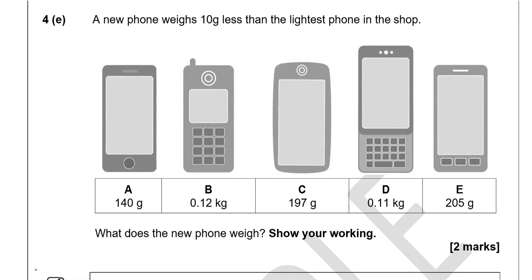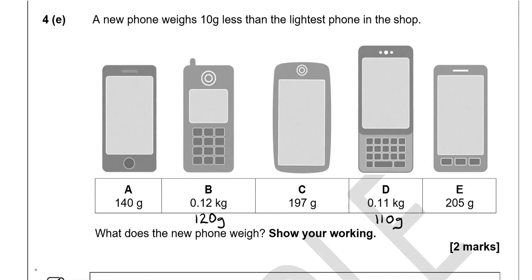So 0.12 kilograms is equal to 120 grams. And you can work it out by multiplying this by 1000 because there are 1000 grams in a kilogram, and the other one is 110 grams.